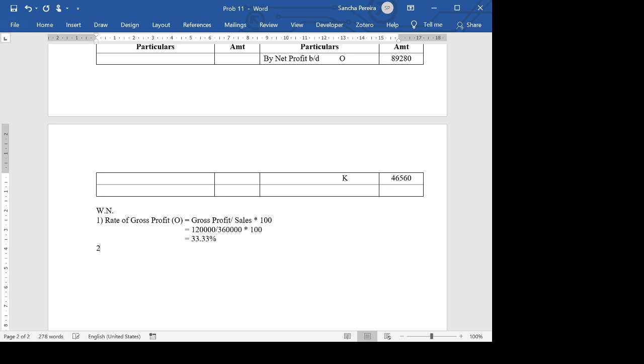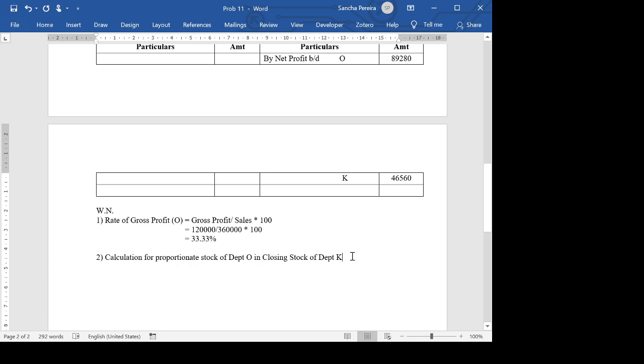So the next thing we are going to do is a calculation for the proportionate stock of department O in the closing stock of department K.